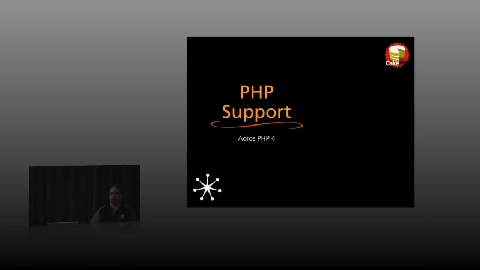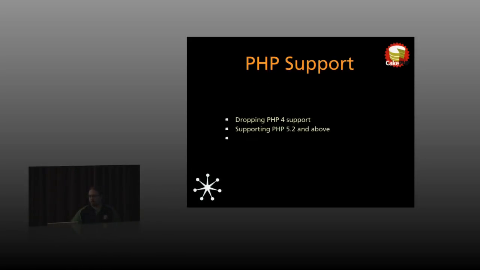So for a long time, CakePHP has and still does in 1.3 support PHP 4. That meant that certain workarounds were required to get PHP 5 working in certain ways with a way that was compatible for PHP 4 users. So dropping PHP 4 support and supporting 5.2 and above.